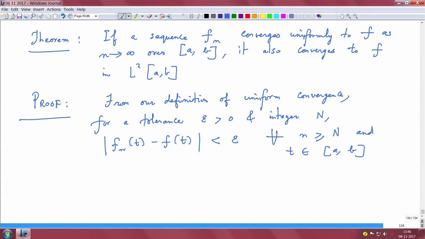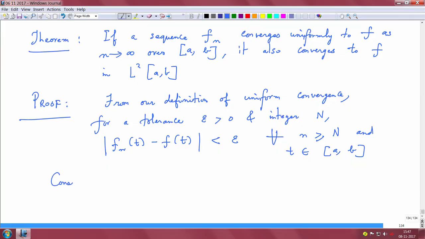This is our definition of uniform convergence. For all t within this interval, this function is bounded within epsilon, and you have to recall the other form of convergence where the tolerance depends upon the point. So, this is uniform convergence, so it is not dependent on the point t. Now, let us consider the L2 norm of this. I have to put a t here just to be a little careful.